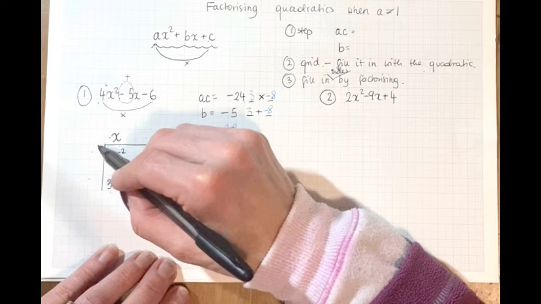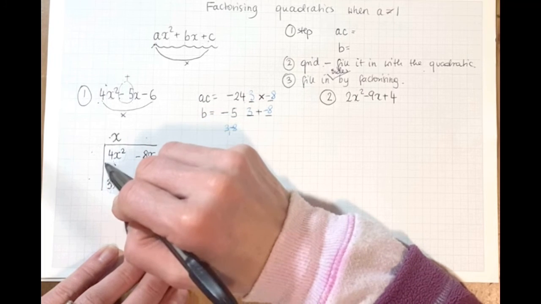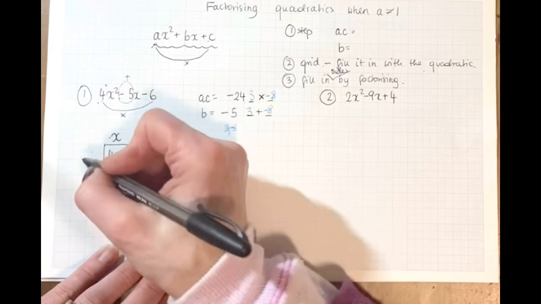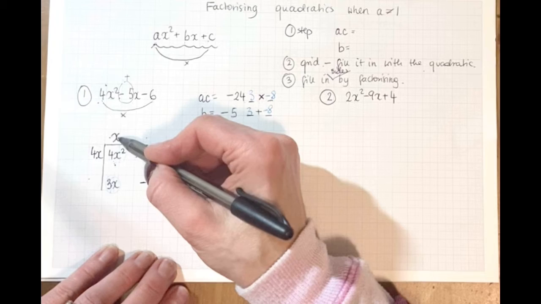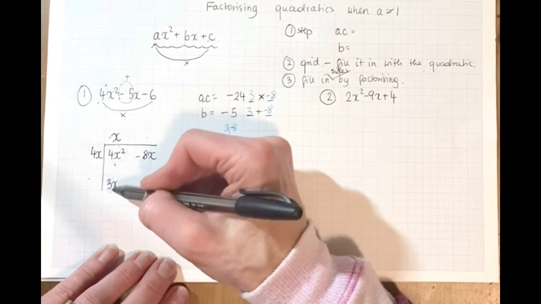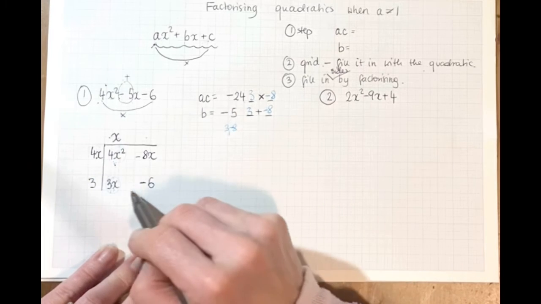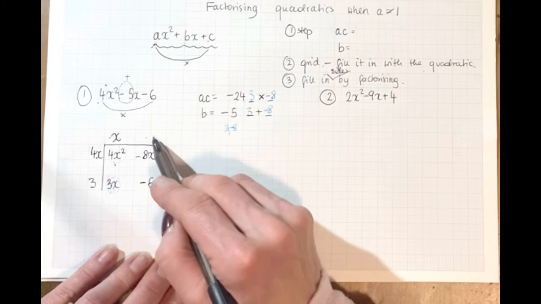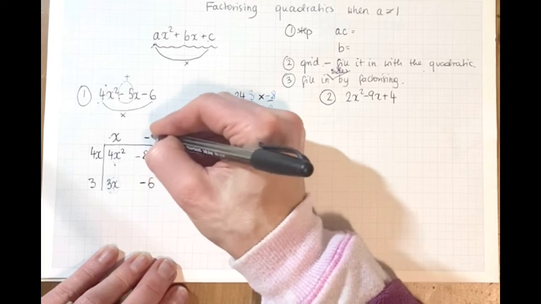The rest is really easy once you've got that. You just need to work out this side by thinking: x multiplied by what gives you 4x squared? So this is going to be 4x. x multiplied by this number should give you 3x, so that must be 3. This number is 3 multiplied by that number to give you minus 6, so you must have multiplied by minus 2.